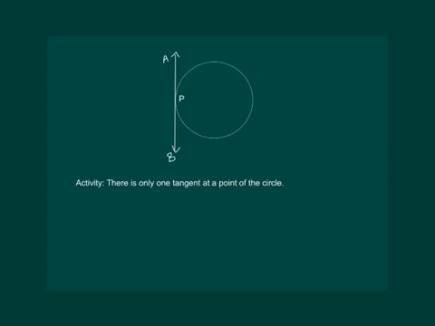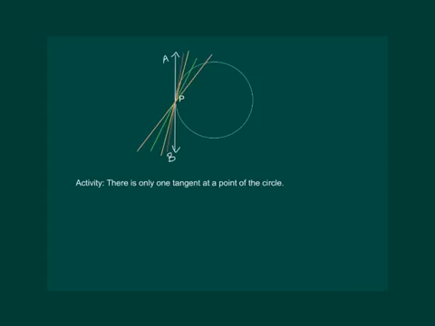Let us draw some more lines passing through point P. We can see that this line is intersecting the circle at point P and another point.